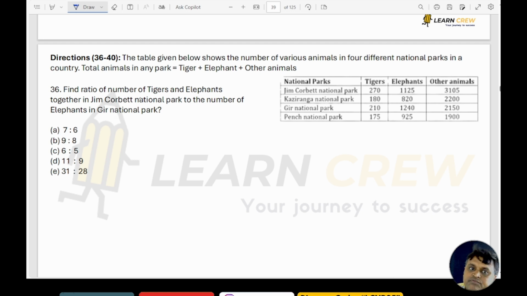Find the ratio of number of tigers and elephants together in Jim Corbett National Park to number of elephants in Gir National Park. So here, in Jim Corbett National Park, tigers and elephants, 270 plus 1125.